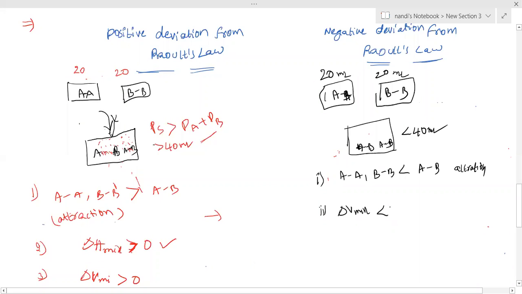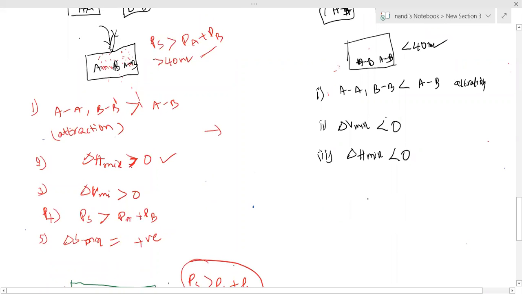Delta V mixture is negative, it decreases during the solution, and delta H mixture is also less than 0, which we will prove. But entropy is positive.